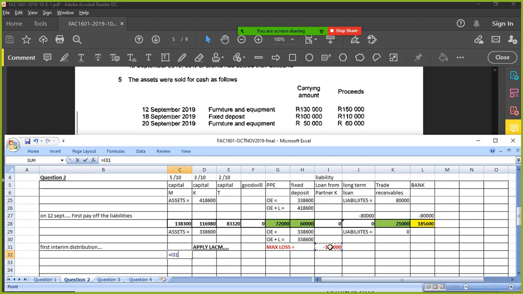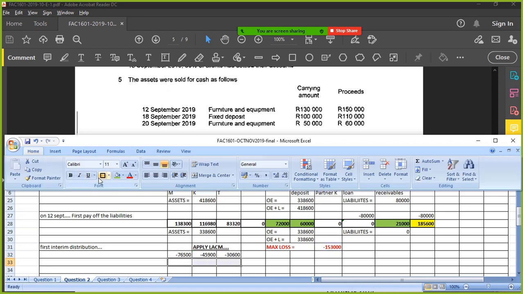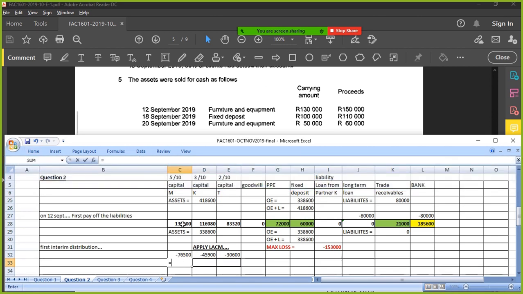So this amount times 5 over 10, 3 over 10, and 2 over 10. Are the partners still responsible? Let's check. Yes. So all the partners are going to get some cash.